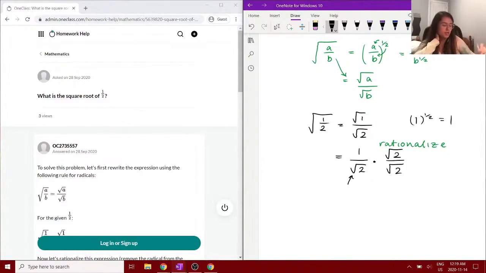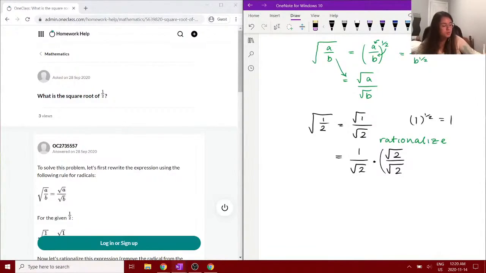We want to get rid of the radical in the denominator, okay? We prefer to have them in the numerator when possible. So rationalizing means multiplying the original term by the radical found in the denominator. In this case, it's the square root of 2.